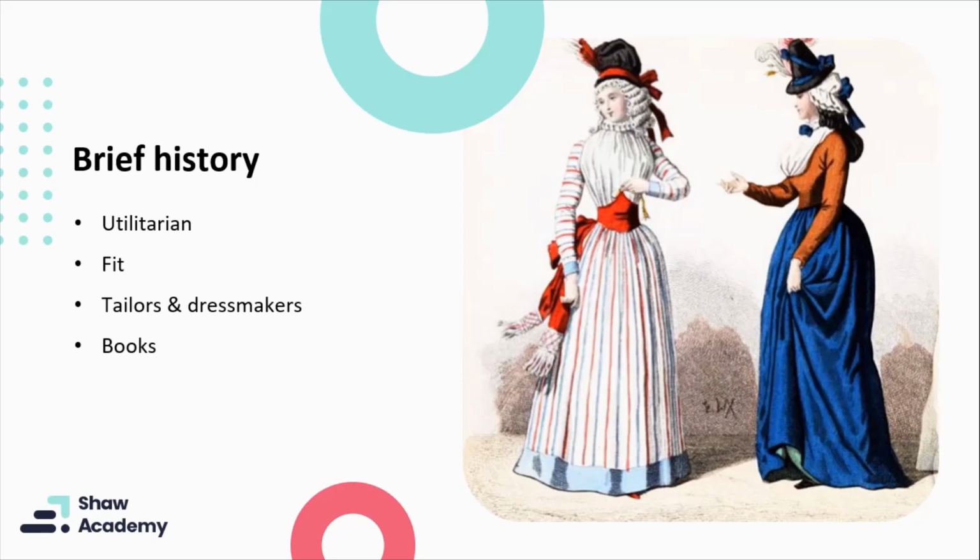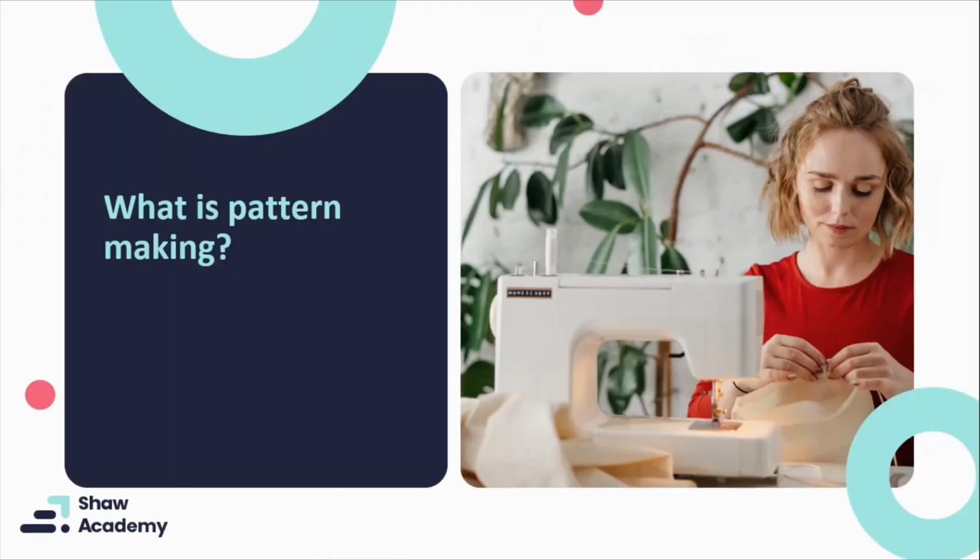Years later, by the late 18th century, how-to books were published for the home dressmaker. Around 1840, full-size patterns were introduced and became very popular, establishing the commercial pattern industry that is still thriving today.